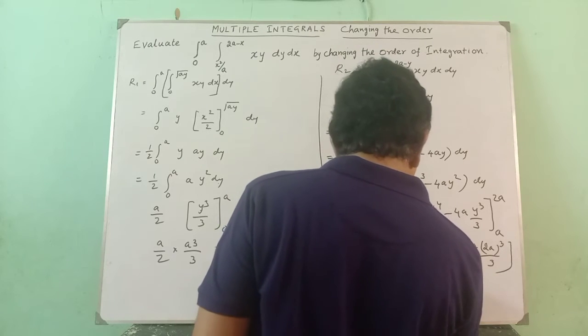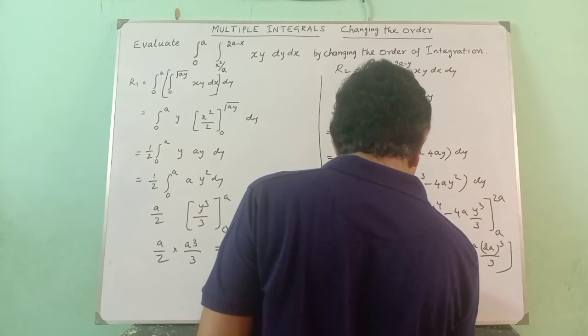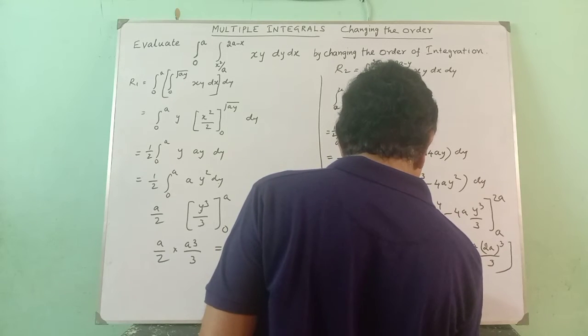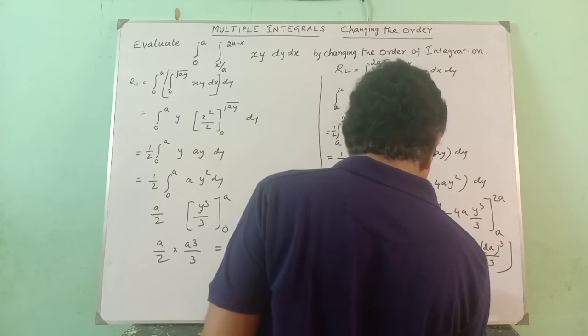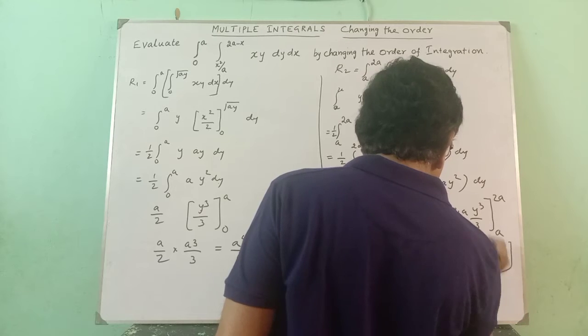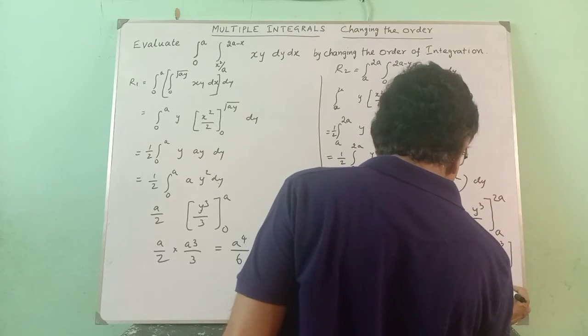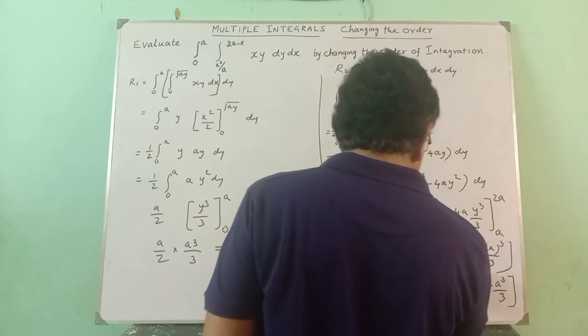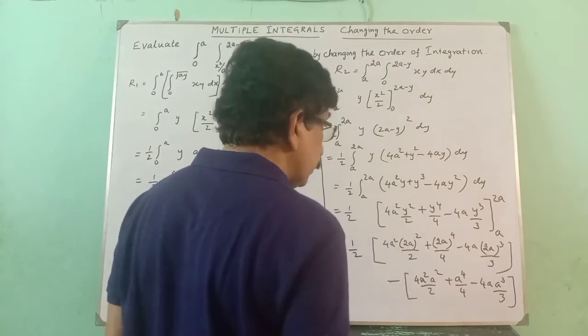Lower limit a: 4a square, a square by 2, plus a power 4 by 4, minus 4a, a cube by 3. Upper limit minus lower limit.